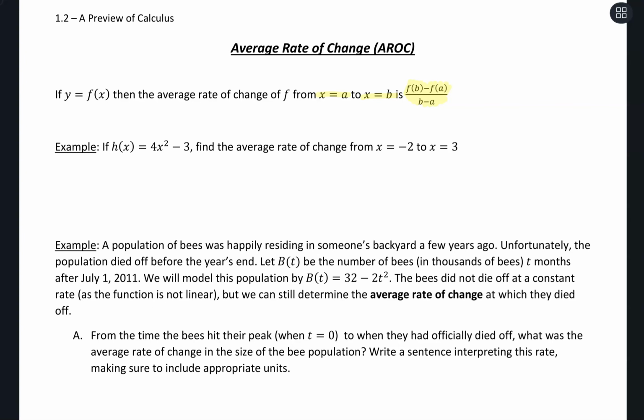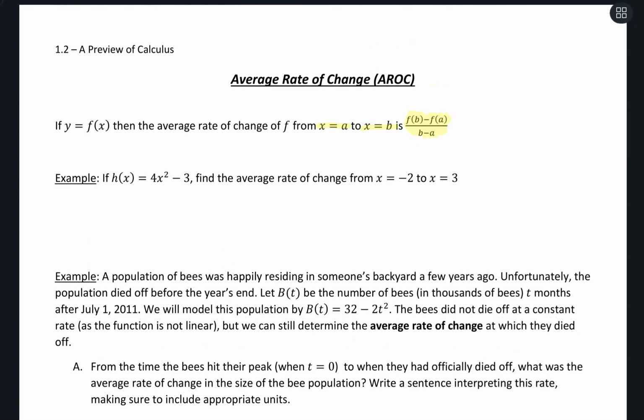Where it differs a little bit, and we'll talk about this in a video regarding secant lines, but the idea is that our function could be doing all sorts of things, meaning it doesn't have to be linear. But what we can do is imagine what if it was linear between two coordinates anywhere on our function. And if I want to know what's happening on average between those 2 points, I connect them with a straight line.